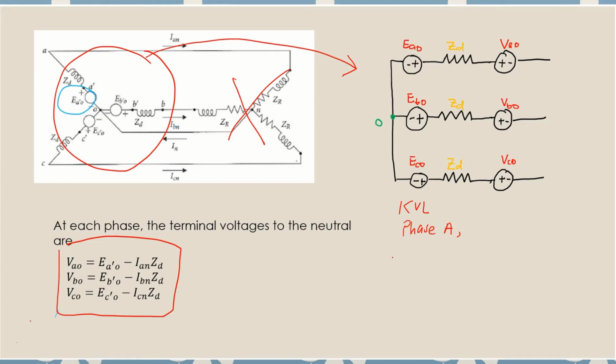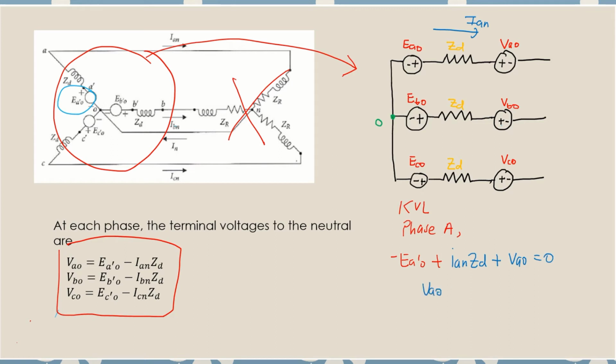We take EA0 plus, this is the direction of IAN, IAN times ZD, plus VAO equals 0.